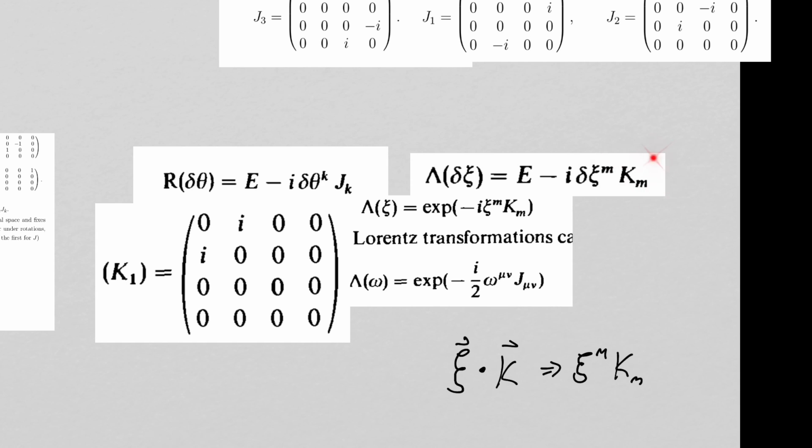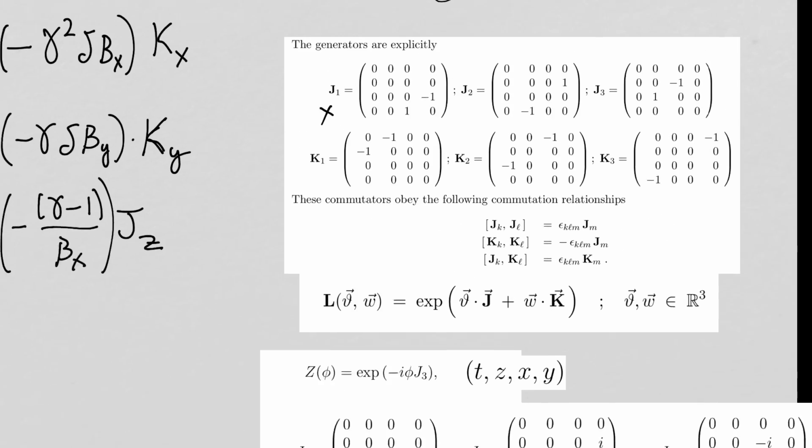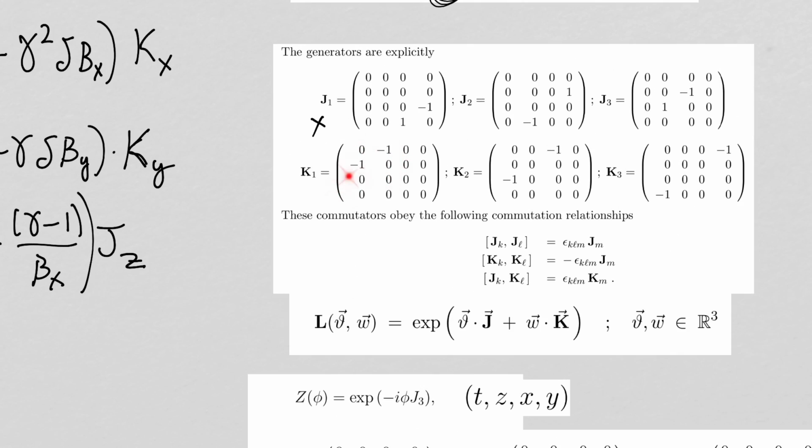What's interesting is that if you pull out the i for the boost, K still does not become Hermitian, right? Look at K. If you pull out i from K, you leave two i's behind, and if you take the transpose conjugate, that's not the same.